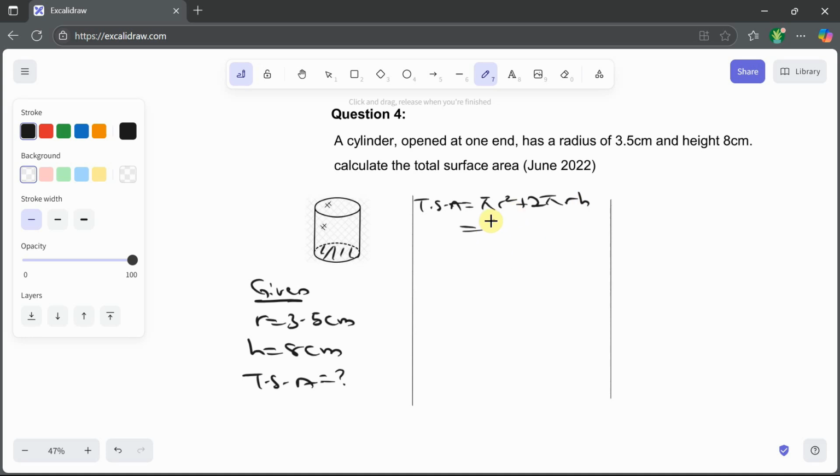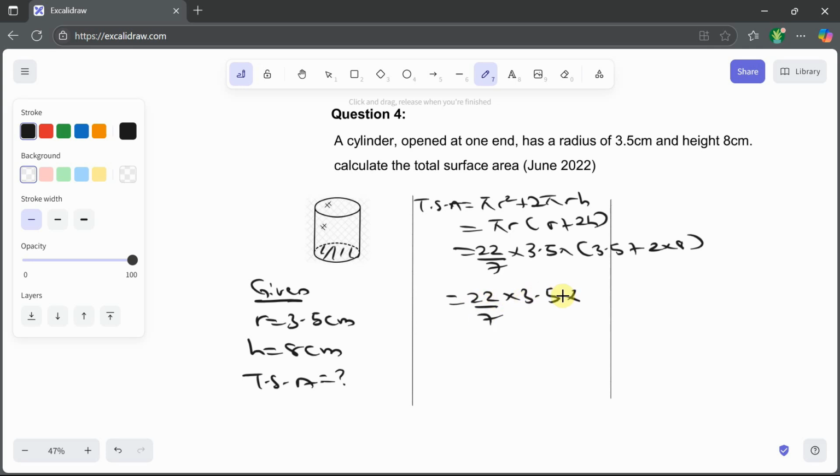So we can factor out pi r from this, and this will give us r plus 2h, and that will be 22 over 7 times the radius 3.5 times open bracket 3.5 plus 2 times 8. That will be 22 over 7 times 3.5 times 16 plus 3.5, that will give you 19.5.